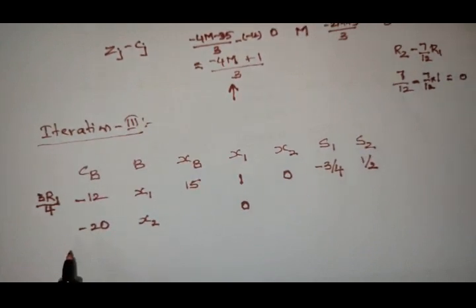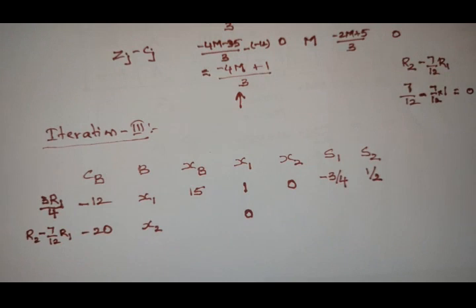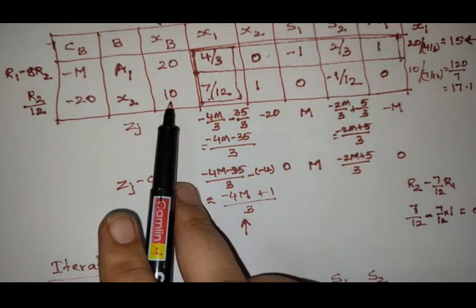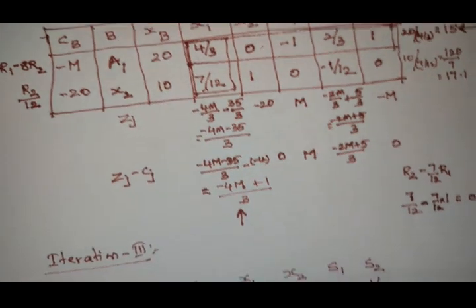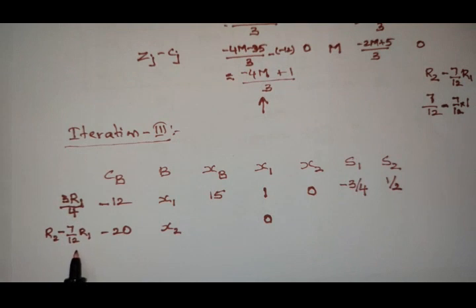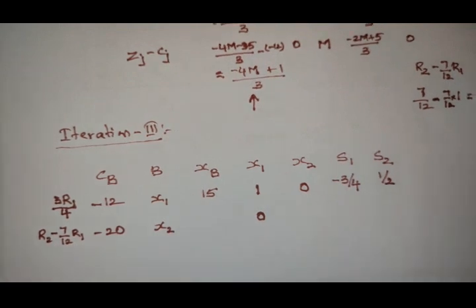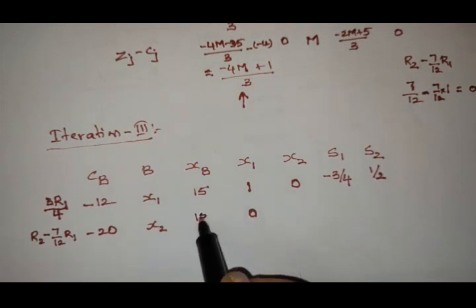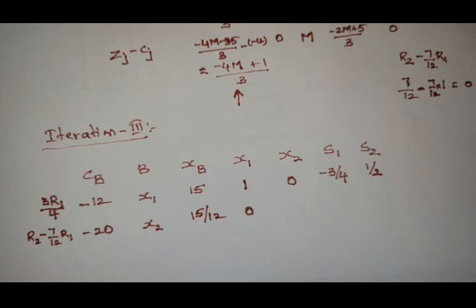So now let us write the same expression here: r2 minus 7 by 12 r1. So what will it become? Now here, what is r2? It is 10 minus 7 by 12 into 15. How much will we get? We will get 15 by 12.